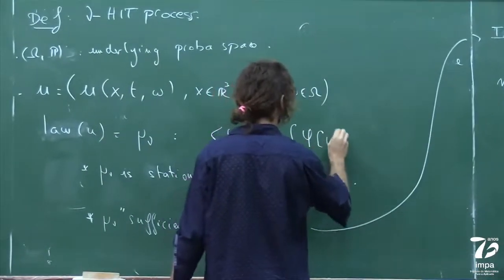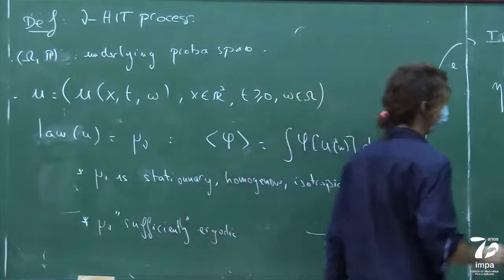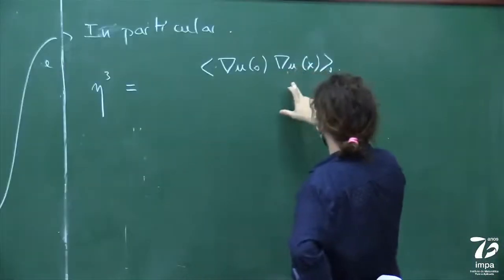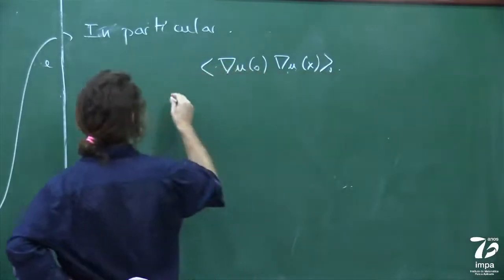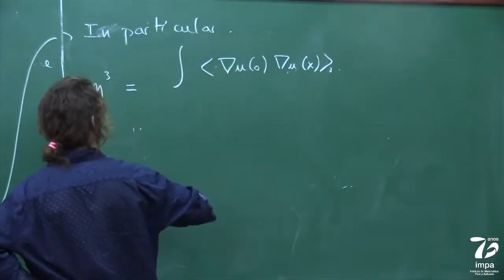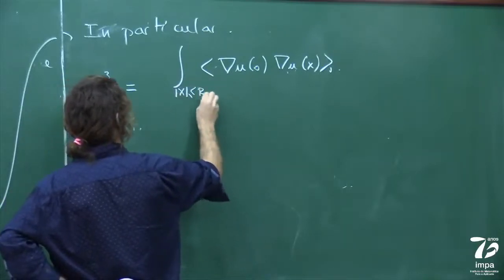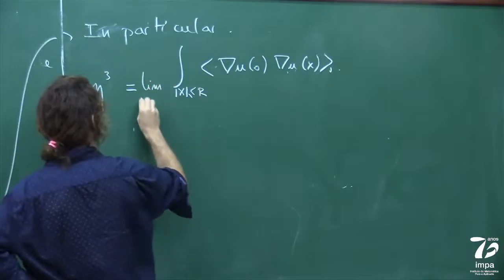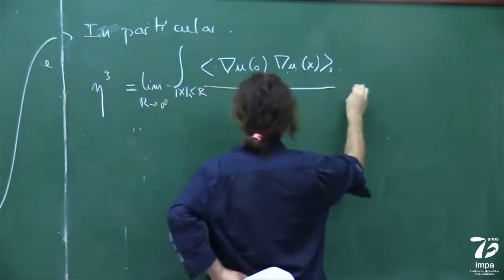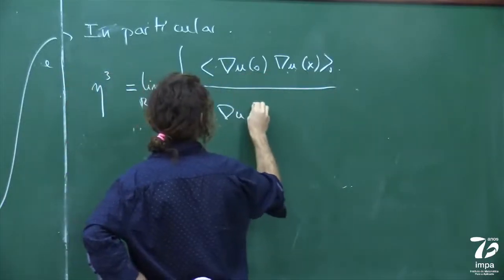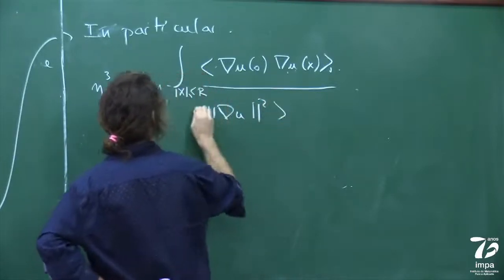I will require this integral over x smaller than r, when r goes to infinity, of the correlation of the gradient of u divided by the gradient of u squared, is finite.